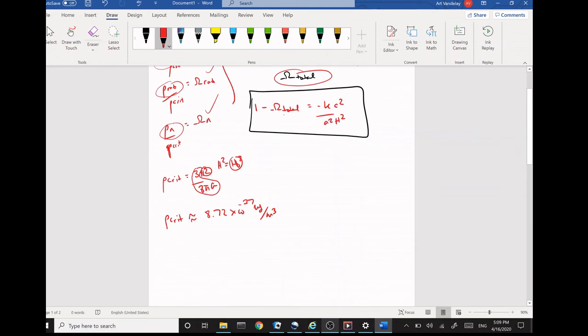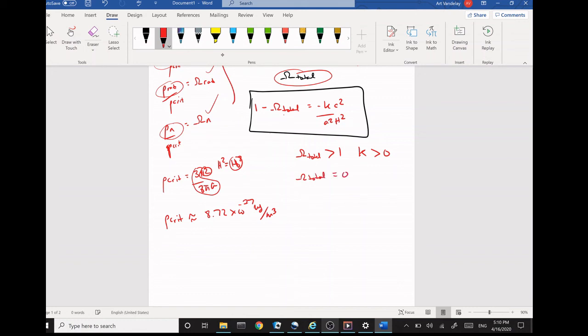And so overall, if omega 0 or omega total is greater than 1, then the left-hand side is going to become negative. So my curvature will be larger than 0.